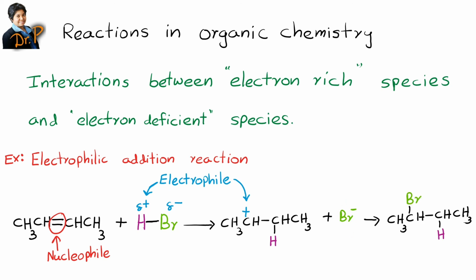So we have another step in the mechanism, and you can see in the product this bromide has been added. And you don't see any charges in the final product. All the charges have been neutralized because the opposite ends got attracted to each other.